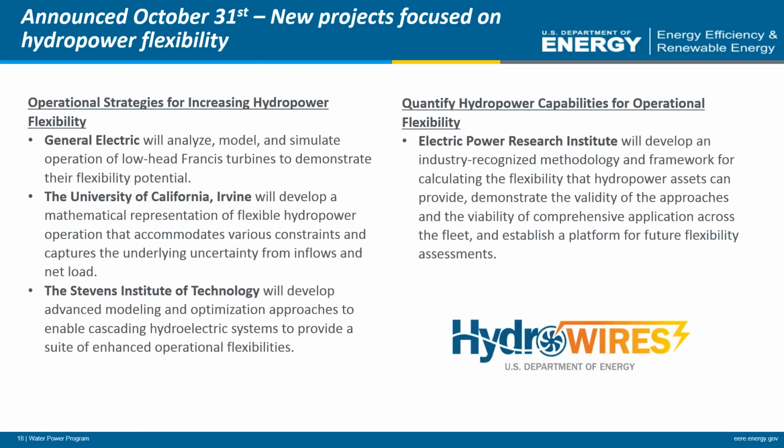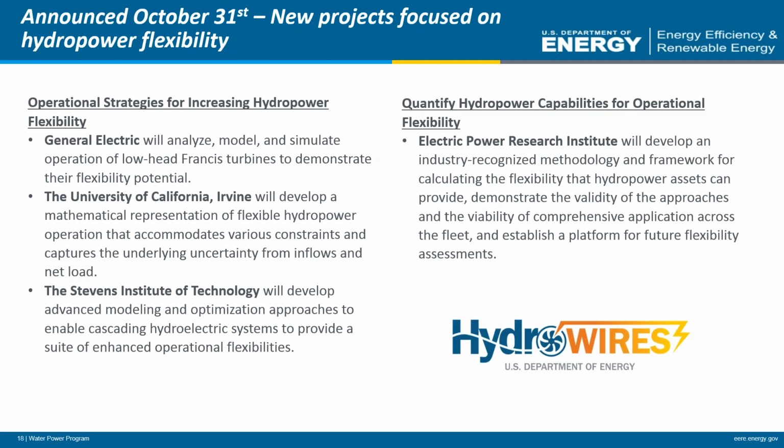Right. So on October 31st, we also made awards for research with respect to hydropower flexibility. We looked at it in 2 different areas, both on the individual project level and on the fleet level.